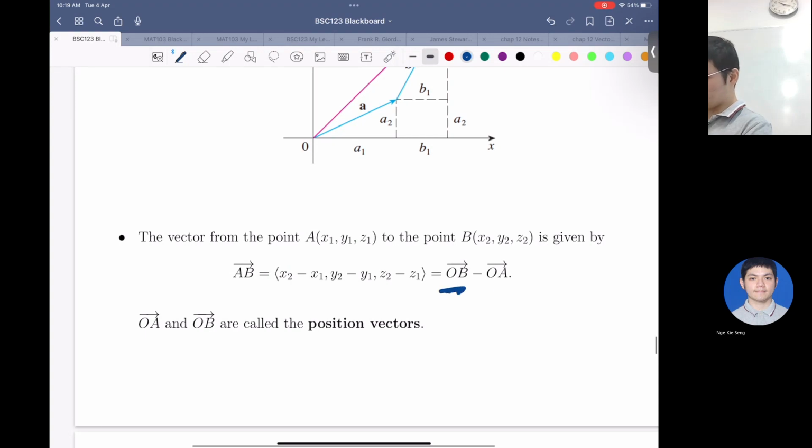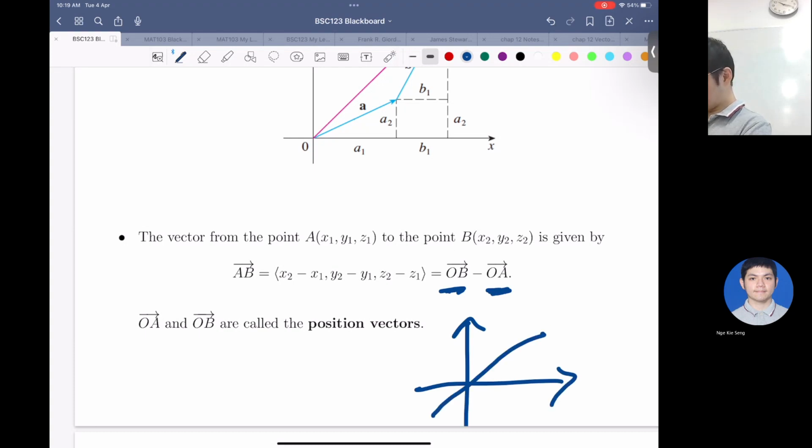They create this name here, OB and OA. It's just the vector from the origin: O to B, maybe in another color, and then O to A. Then you want to find the difference AB, B minus A. So B minus A goes in which direction?